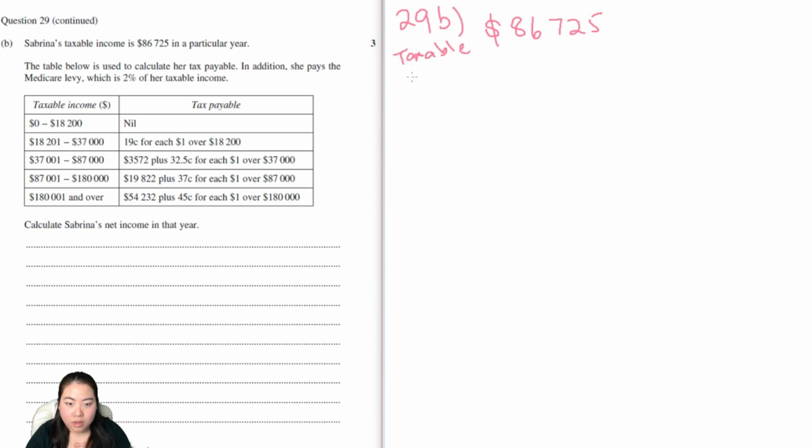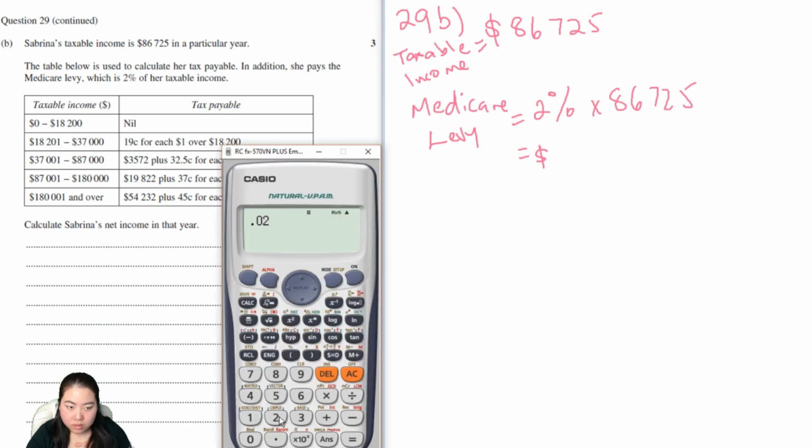Taxable income is that much. Her Medicare levy is 2% of her taxable income, which is $1,734.50.